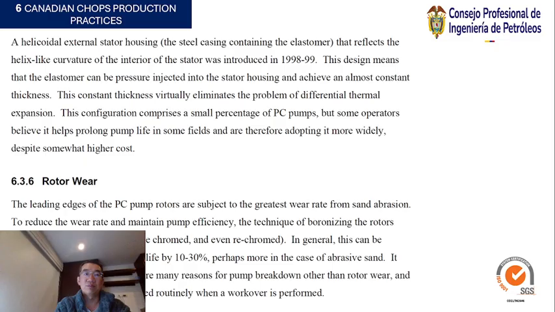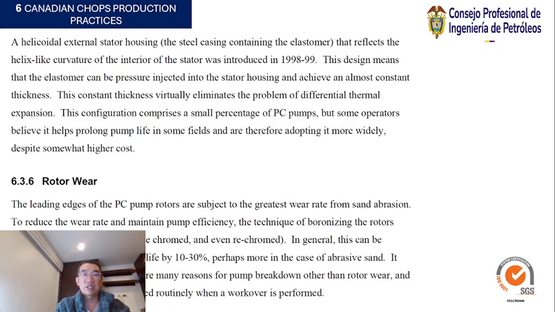This design means that the elastomer can be pressure injected into the stator housing and achieve an almost constant thickness. This constant thickness virtually eliminates the problem of differential thermal expansion.